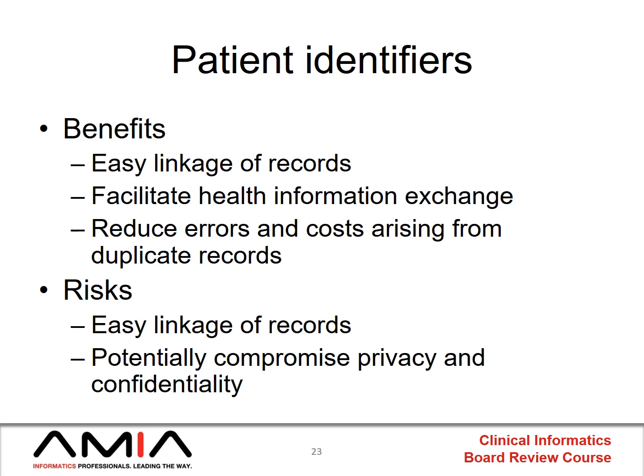This in turn facilitates health information exchange, and it reduces errors and costs that arise from duplicate records. What are the risks of patient identifiers? Well, same as the benefit, easy linkage of records, which of course can potentially compromise privacy and confidentiality of individuals.